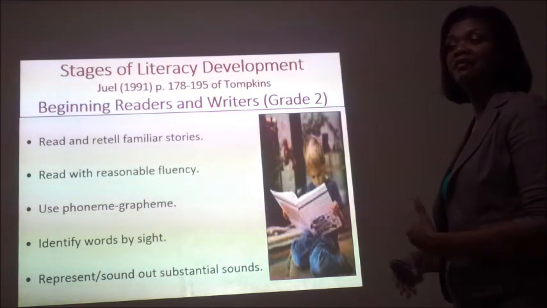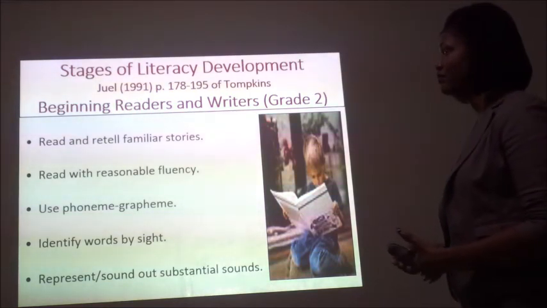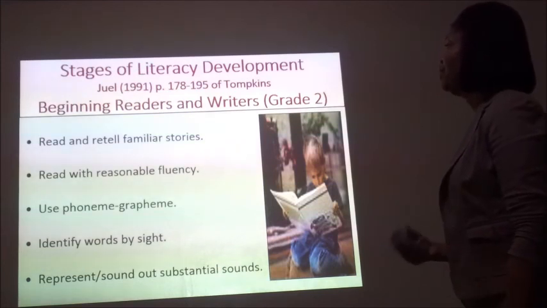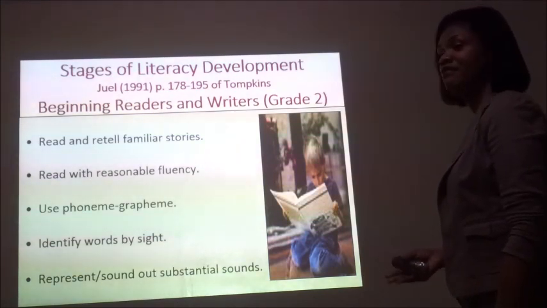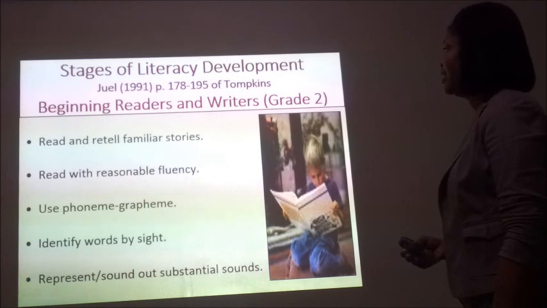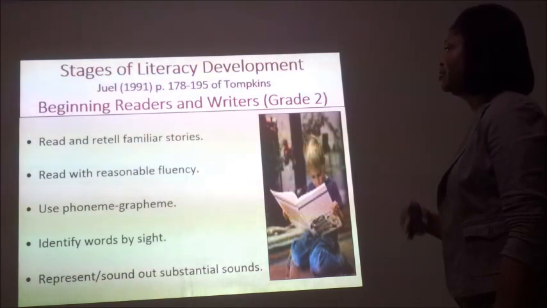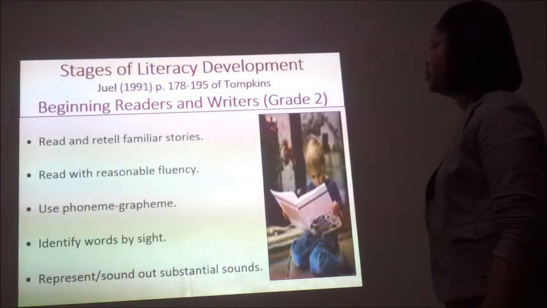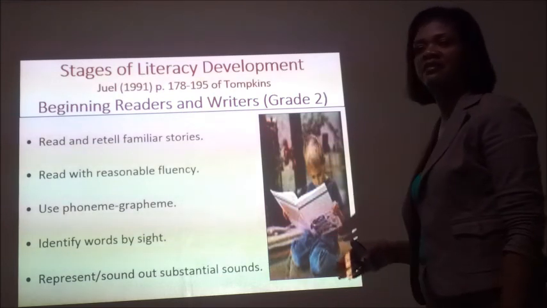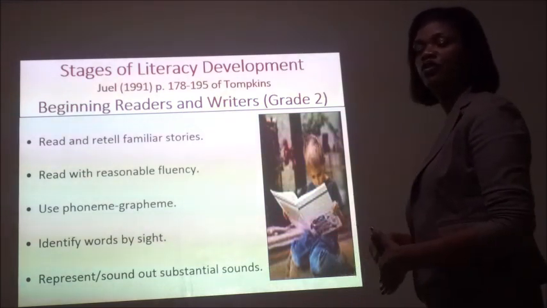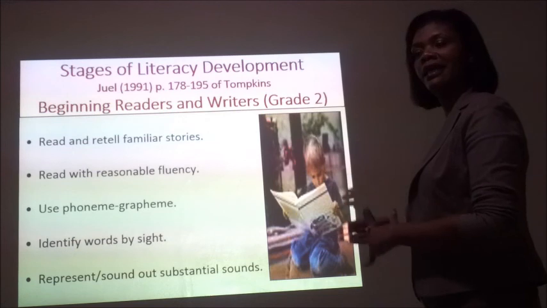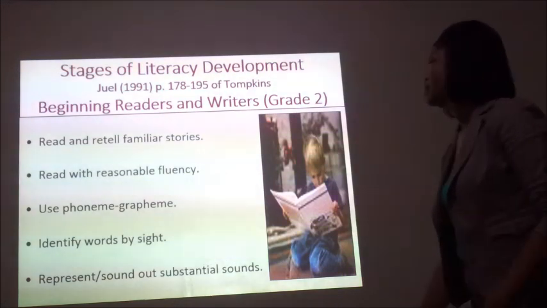By that time, they are familiarized with the content of the story. Read with reasonable fluency. Children are able to read with fluency and intonation. They are able to sound out single letters in the word to come up with a clear understanding of what the word is trying to say.